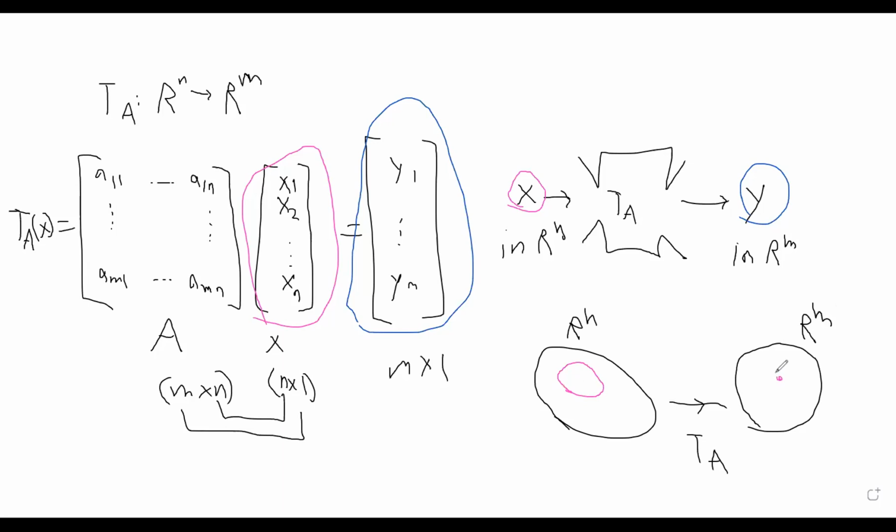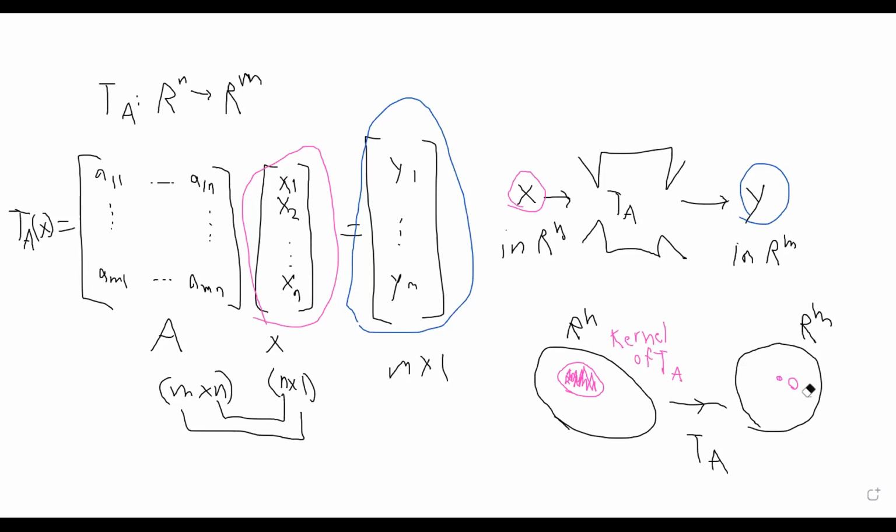So T sub A will map some of these vectors to the single point 0. This set in the domain Rn is the kernel of T sub A. The kernel of T sub A is the set of all things in the domain that get mapped to 0 by your function. So that's the kernel of T sub A.